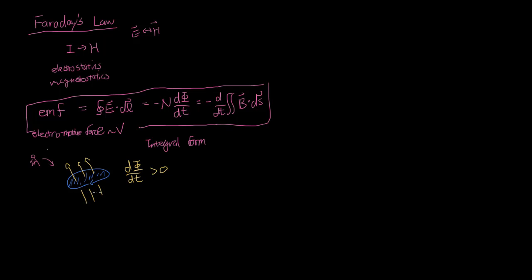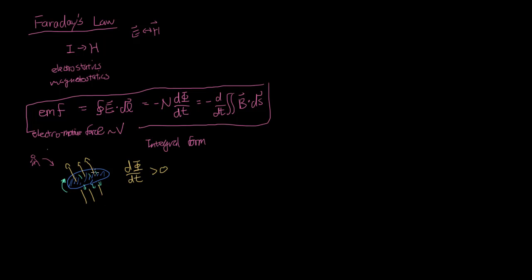What that means is that the resulting current will be one that creates a magnetic field that opposes the magnetic field lines. So if the magnetic field lines are increasing, it's going to try to create a magnetic field that's opposite to it. If you do the right-hand rule to that, you point your finger down, and you're going to find that the resulting current and the EMF is going to result in a current that goes in the clockwise direction.